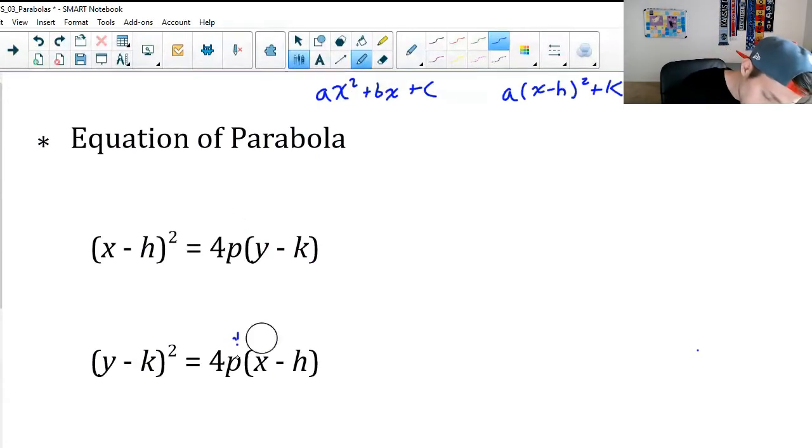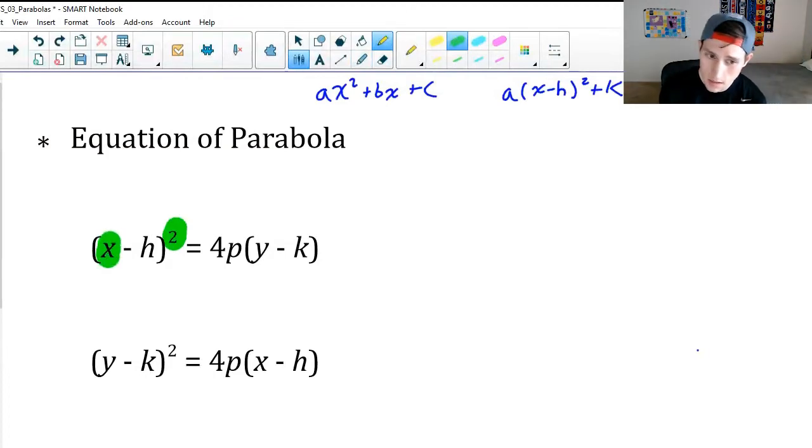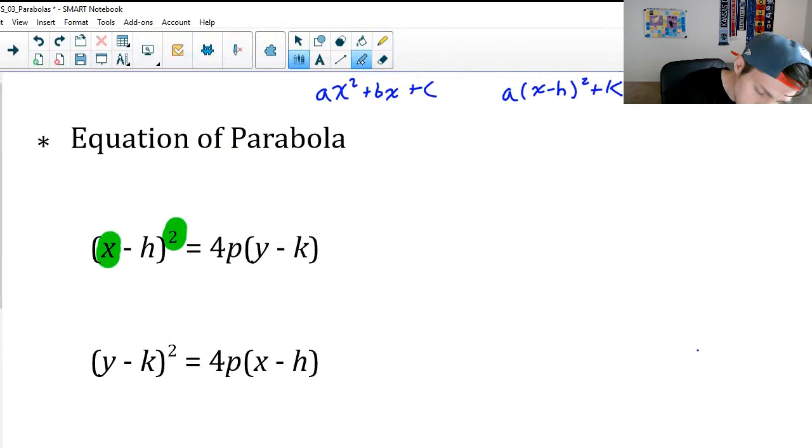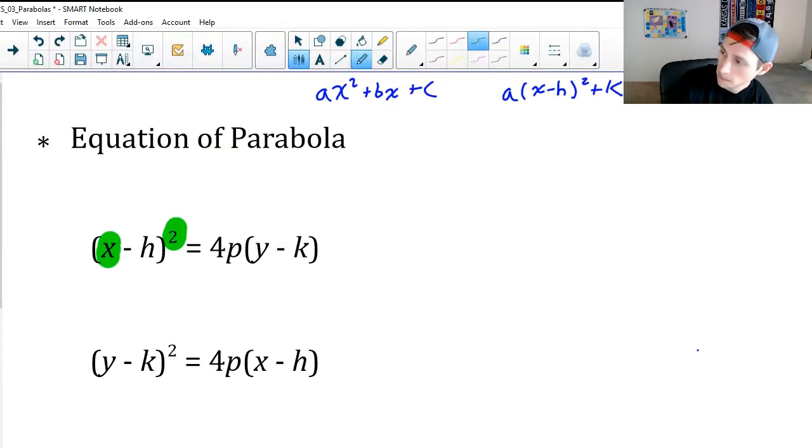This first equation, if the squared is around the x value, the x minus h, then this will either be going up or down.